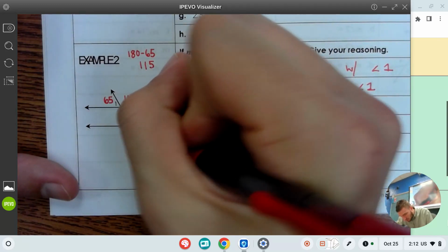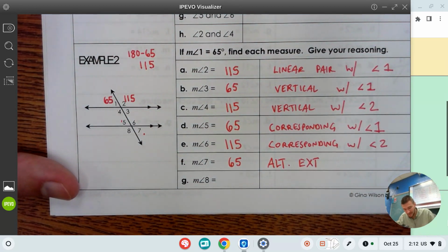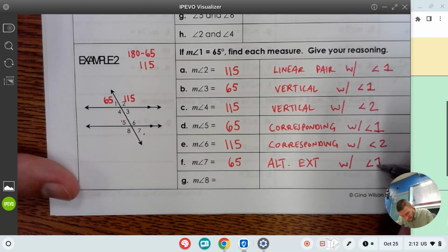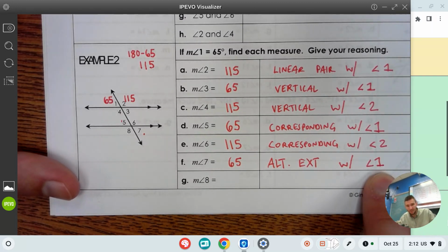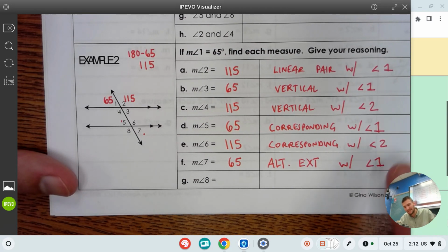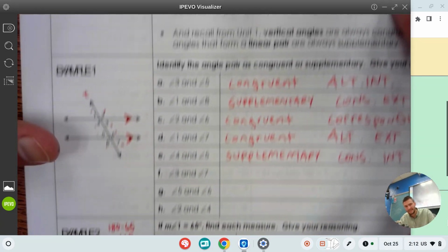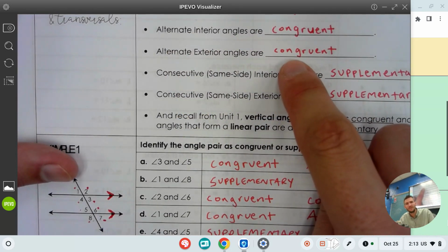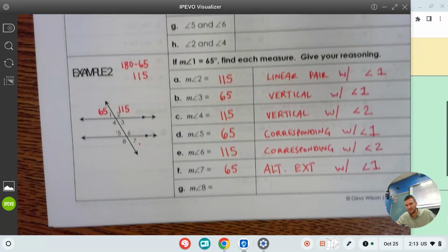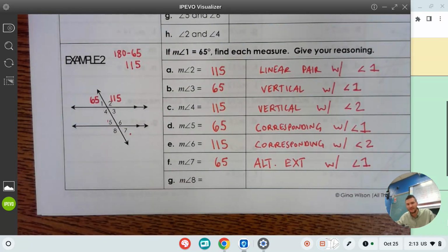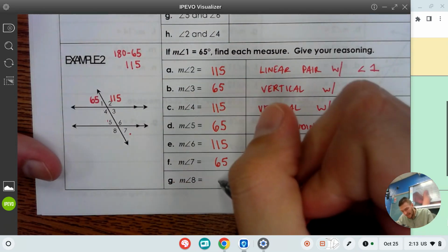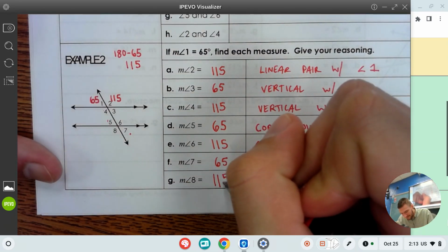Which angle is that going to be with? Angle 1. And if we go back to the top, it says alternate exterior angles are congruent. So we noticed, hey, 1 and 7, they're alternate exteriors. Those should be congruent. And then lastly, I'm sure you know, 115.